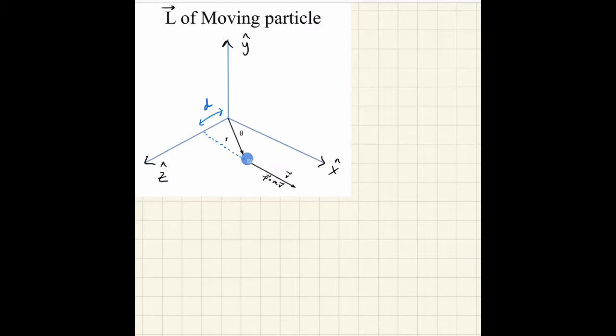And the answer is that it can, but it also doesn't have to. And that's because it's not really moving in a circle, but it still has an angular momentum associated with it if you choose the right origin. But you can always find an origin in this case where the angular momentum is in fact zero. And I'll show you what I mean.